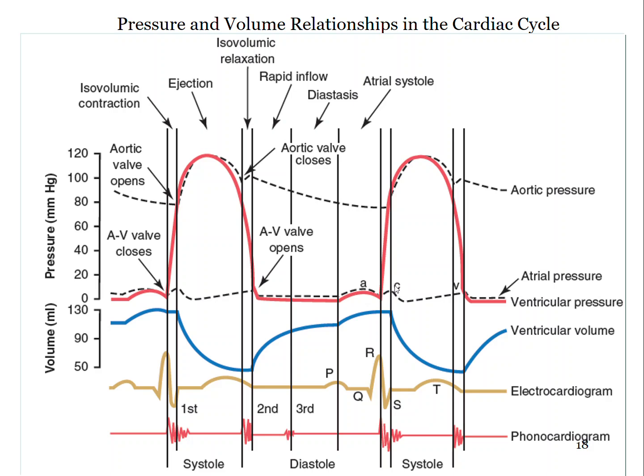Then we have the C wave because of the contraction of the ventricle, and then we have the V wave because of the inflow of blood from the veins into the atria while the valve between the atrium and ventricle is closed. So the pressure inside the atria will increase during this time. This is the most important thing that you have to remember.